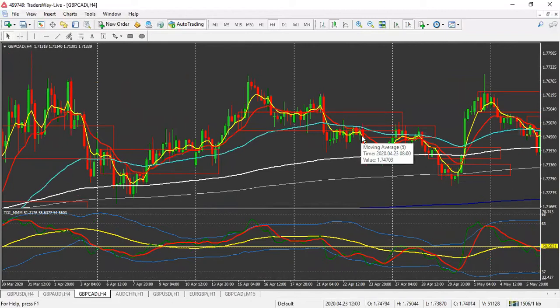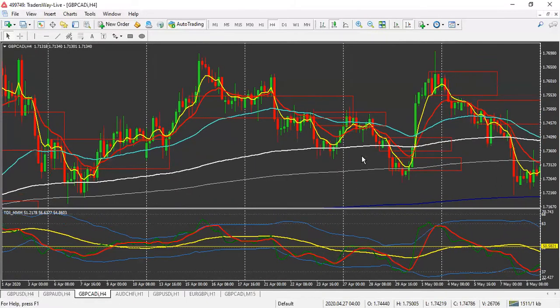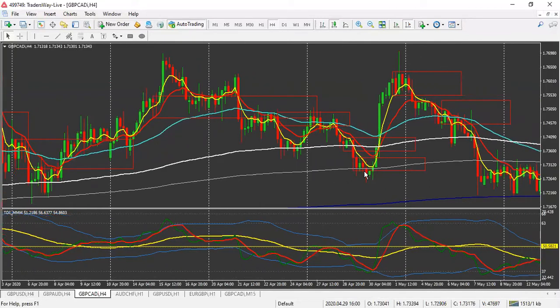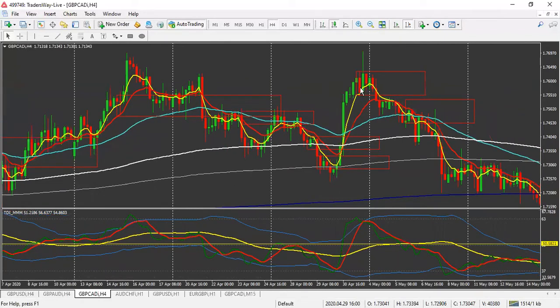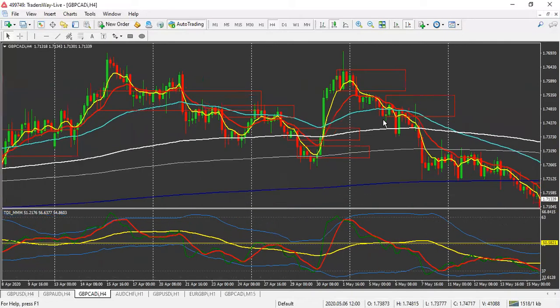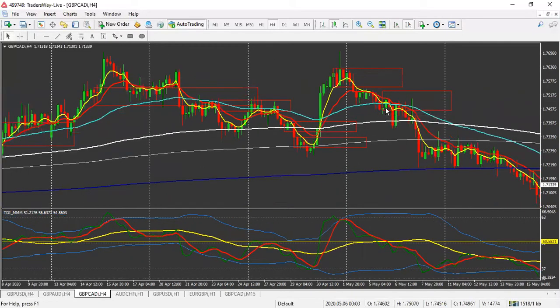This box is supposed to cover this candle right here. This is gonna be your last bullish candle before your lower low, order block. Last bullish candle before your lower low, order block. Last bearish candle before your higher high, order block. Last bullish candle before your lower low, order block.